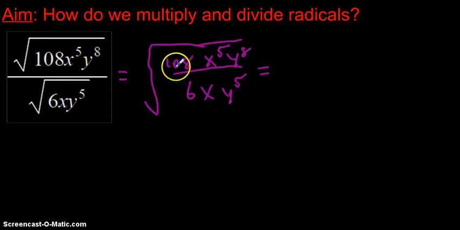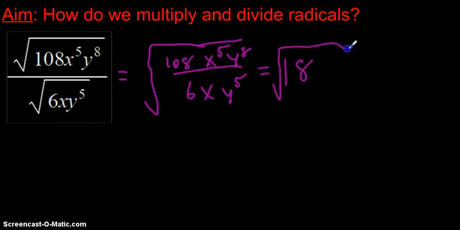It goes into 100 once, leaving over 48, and it'll go into 48 8 times. So this goes in here 18 times, so that's 18.